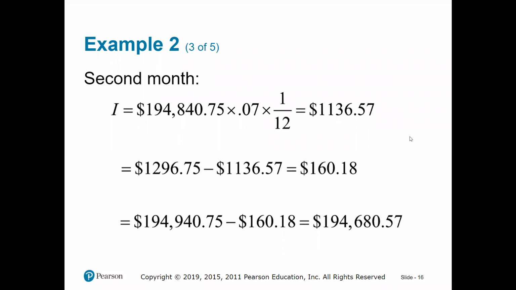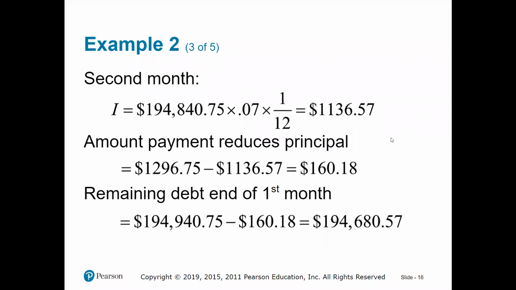All right, so here's the second month. They're going to take the principal that's left over from the first payment month, and then they're going to figure out the rest.